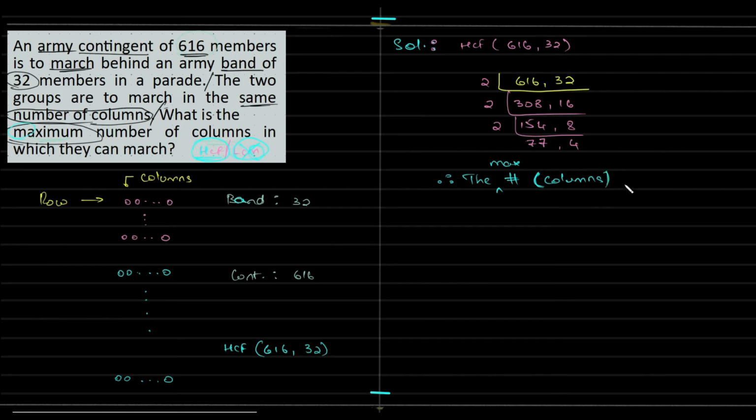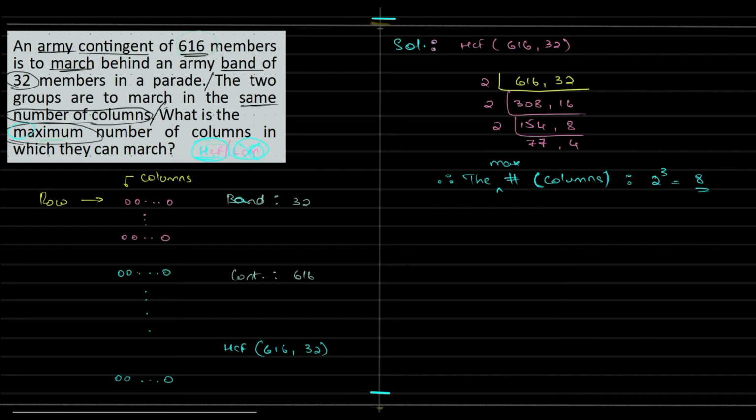The maximum number of columns is 2 into 2 cube, that is 8. There's no unit, so you can just let it be. So the maximum number of columns is 8.